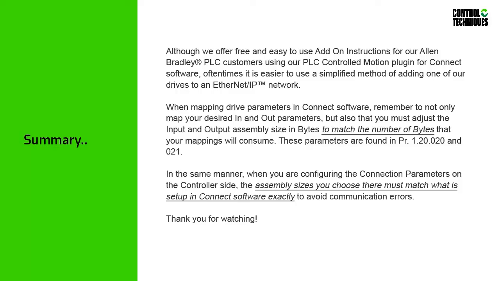These parameters are found in slot 1, menu 20, parameter 20, and parameter 21. In the same manner, when you are configuring the connection parameters on the controller side, the assembly sizes you choose there must match what is set up in Connect software exactly to avoid communication errors.